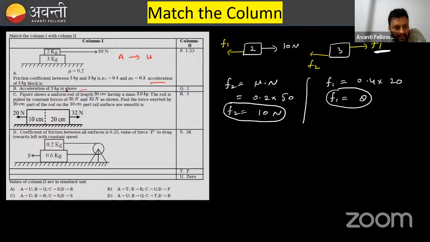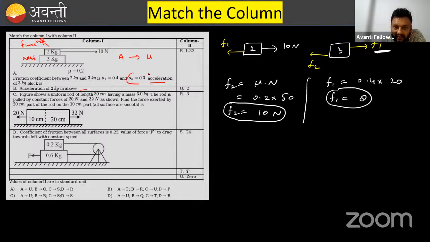Now for part B, they are saying acceleration of 2 kg block. Now this 3 kg block is at rest, and maximum possible friction for 2 kg block is 8 Newton. That means this 2 kg block will be moving. If it is moving, friction will be kinetic.